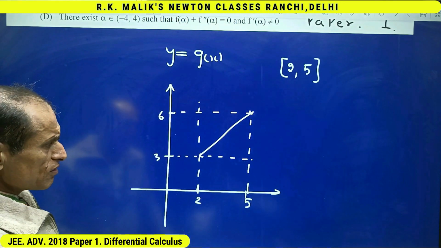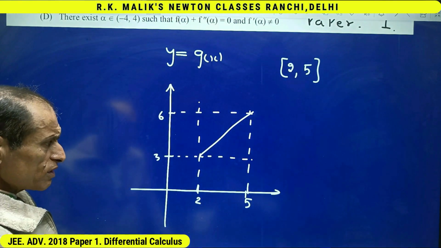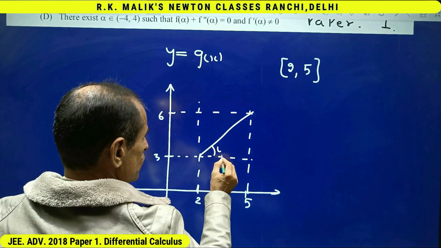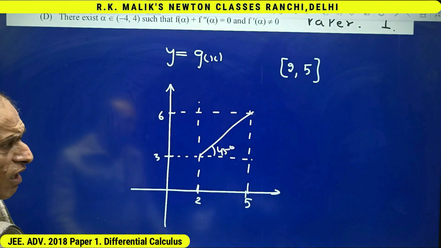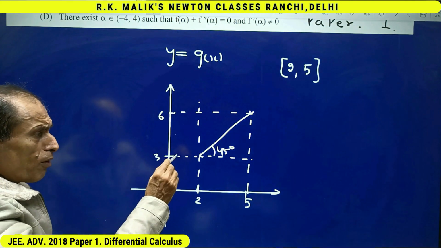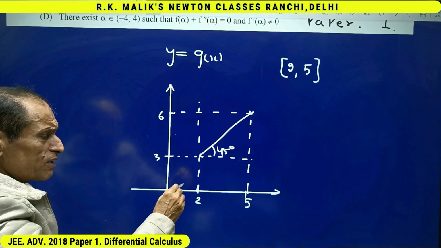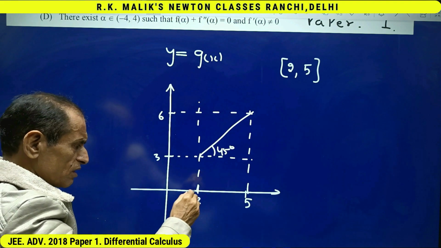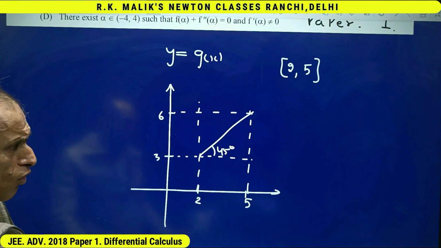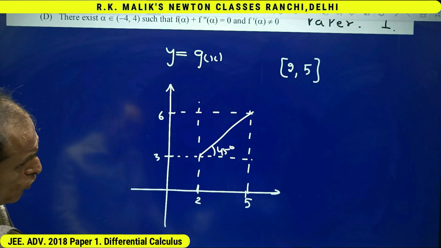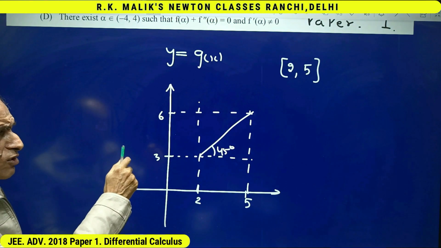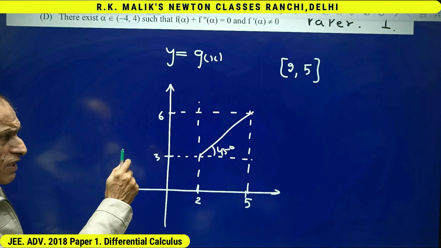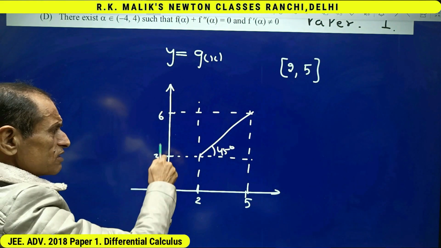The slope of this line will be clearly equal to 1, that is, this angle will be equal to 45°. If the graph is such that the slope of tangent at every point in this interval of values of x is more than 1, then it is sure that the final length of the interval of range of values of g(x) will be more than this.